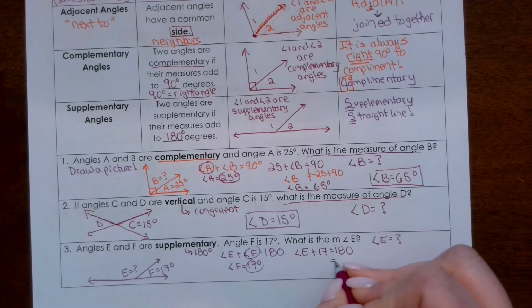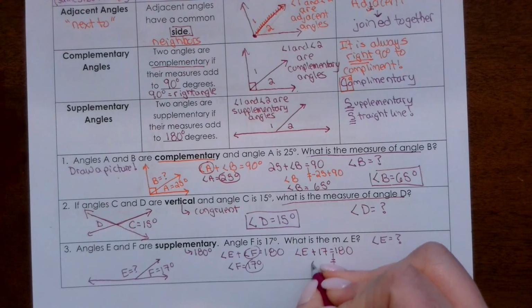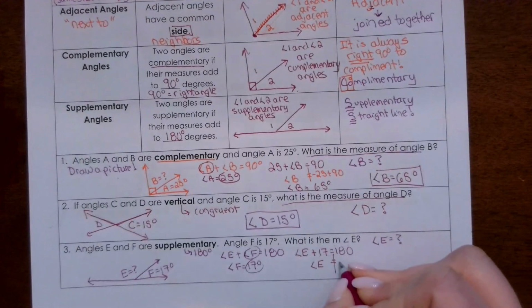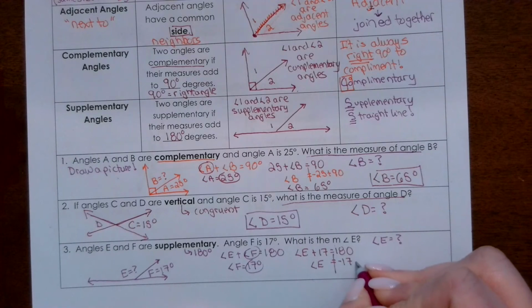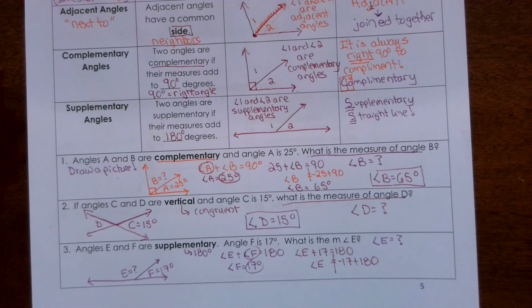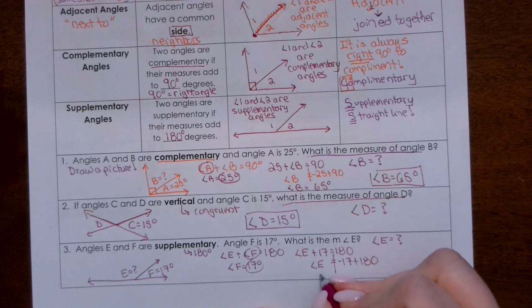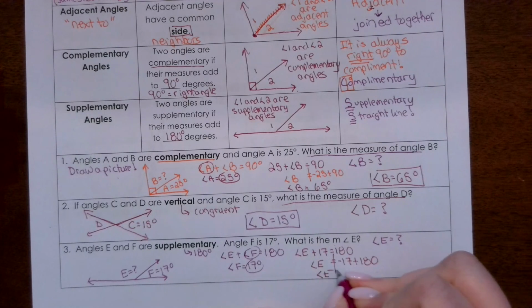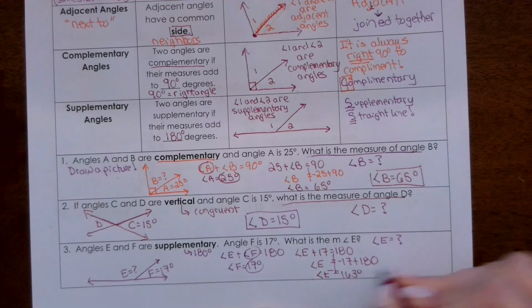If I stay and go, angle E will stay, 17 will go as a negative, and 180 will stay. And now on my calculator, if I subtract 17 from 180, or negative 17 plus 180, angle E equals 163 degrees.